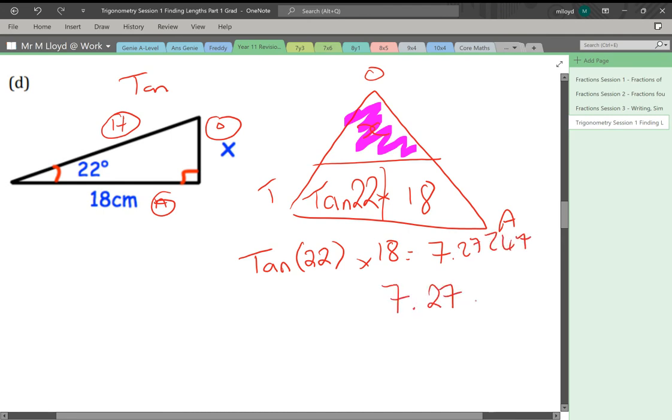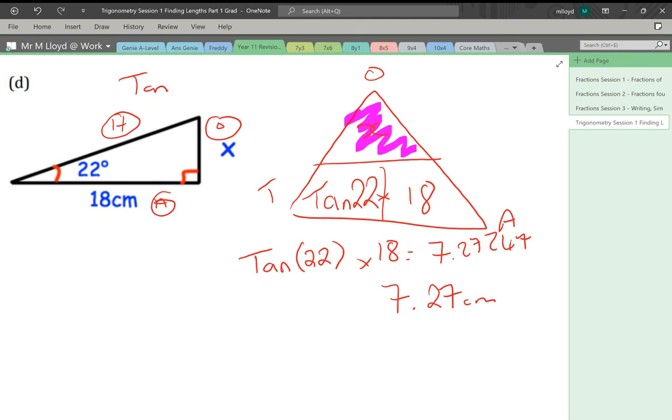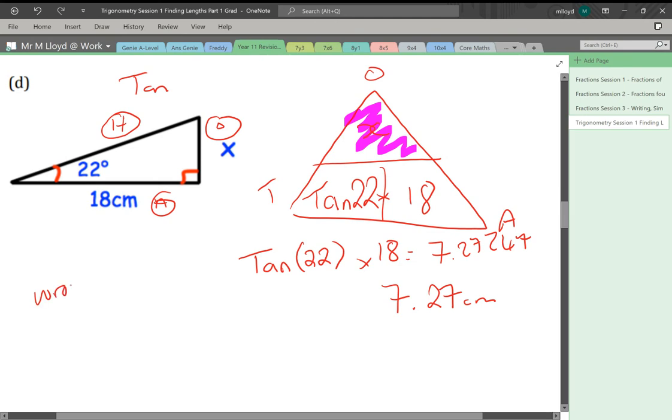I'm going to leave it like that. Okay, if you made the mistake, we've got tan 22 times by 18, if you did not close that bracket, the wrong answer that you'll probably get is 0.7265. And although this bit here is smaller than that bit there, that's not going to be 0.7. It is 7.27, so be very careful with your calculator.